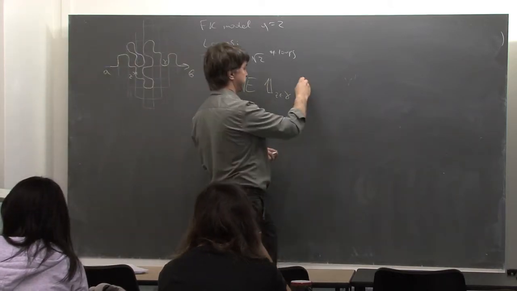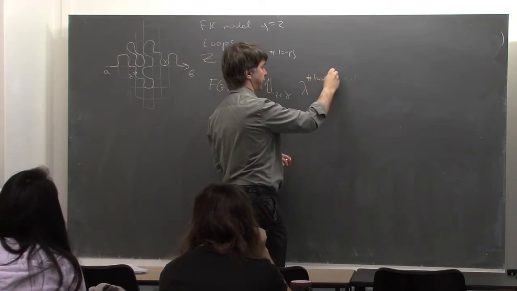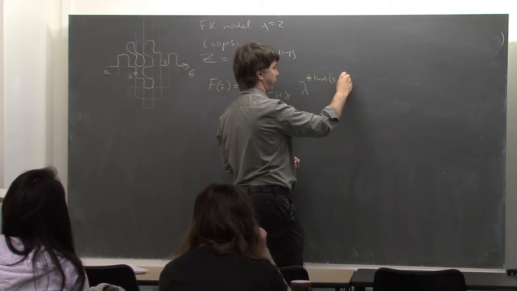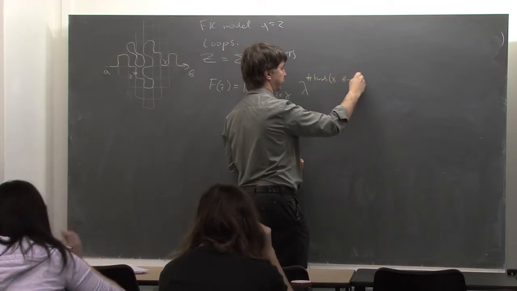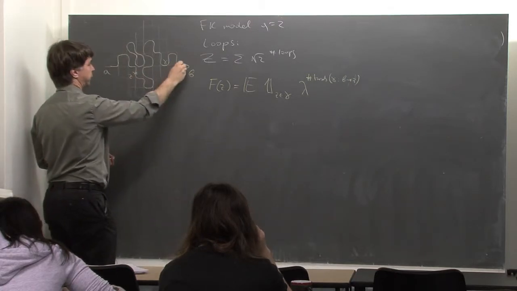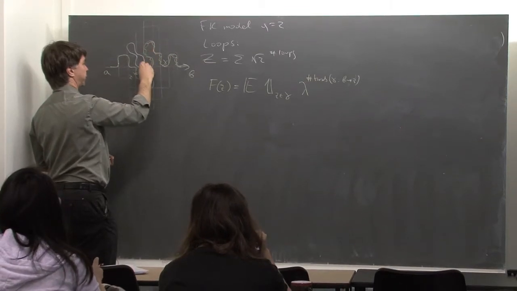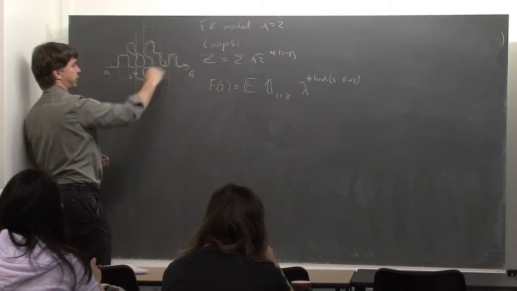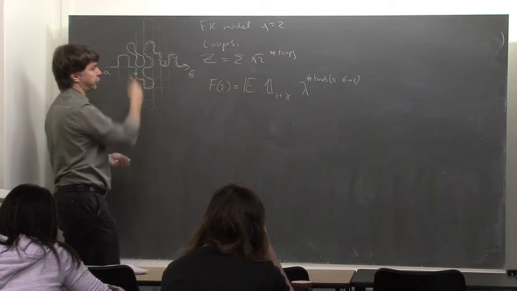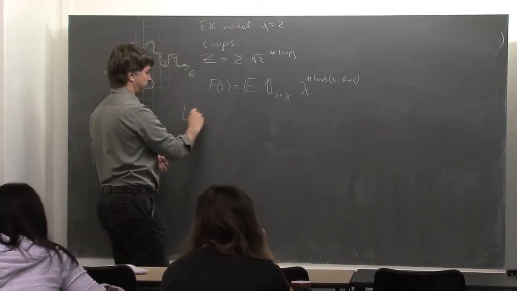So the weight is lambda to the power number of turns of gamma from B to z. It doesn't really matter which side we count, but we decided to count on the right side, so from here to here. On this specific picture we made one right turn.